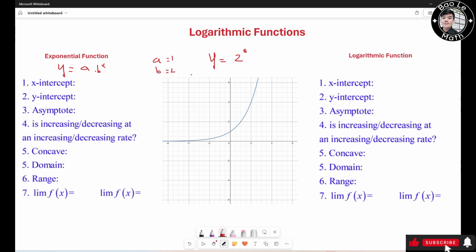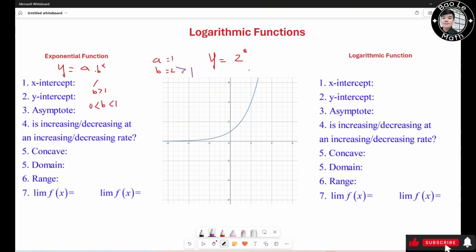We have two different cases of exponential function. The first case, b greater than 1. The second case, b greater than 0 and less than 1. So in this situation, b equals 2, which is greater than 1. So we're going to explore the first case, b greater than 1, right?